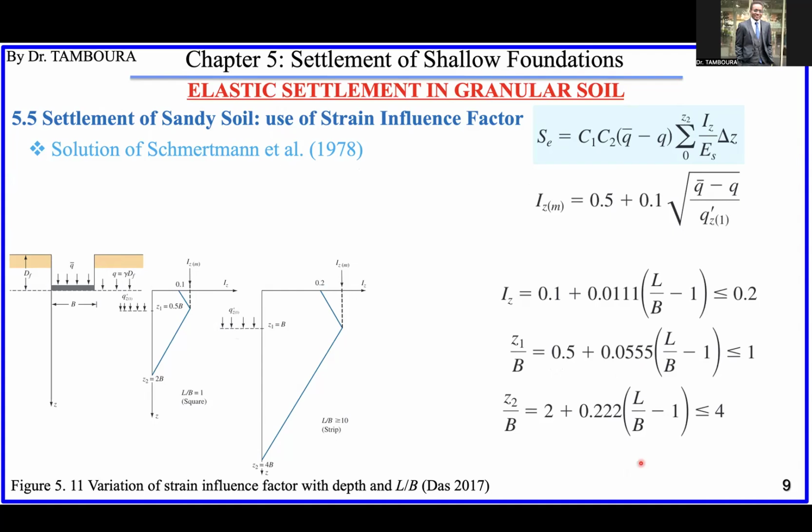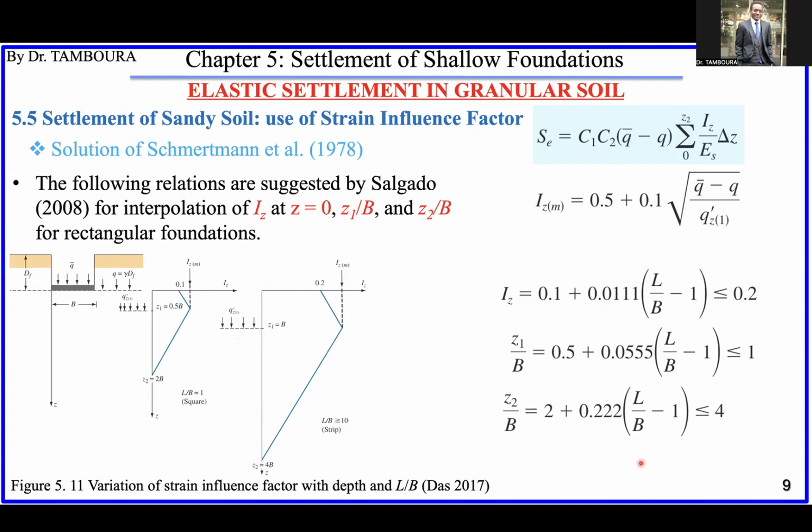There are some ways to estimate the value, some relationships to estimate the value of IZ. Okay. At Z equal 0, Z equal Z1 divided by B, Z equal Z2 divided by B, and that for rectangular foundation.